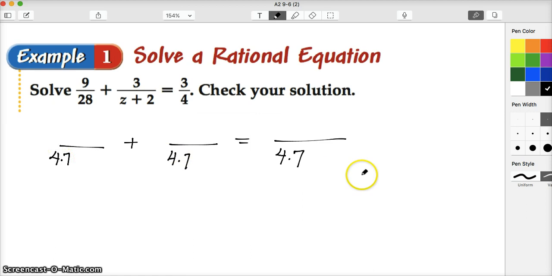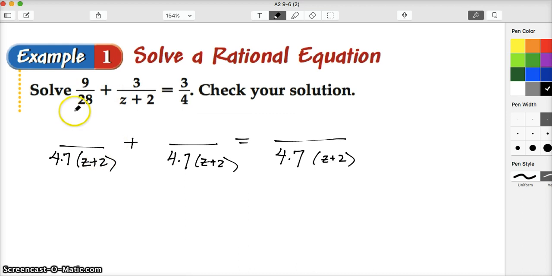So 28 is represented here. Z plus 2 needs to be represented as well. And so I'm just going to throw that in there. If I throw that there, I've got to throw it around everywhere. And then 4 needs to be represented. But I think you guys already see there is a 4 in my denominator. Therefore, every denominator is represented, and I've come up with the least common denominator.